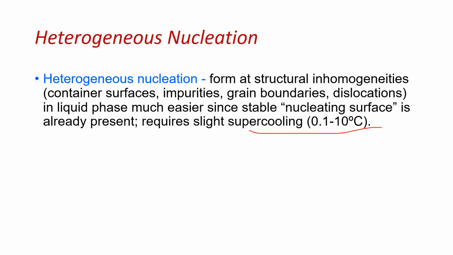These form at structural inhomogeneities. The examples are container surfaces, impurities, grain boundaries, and dislocations.